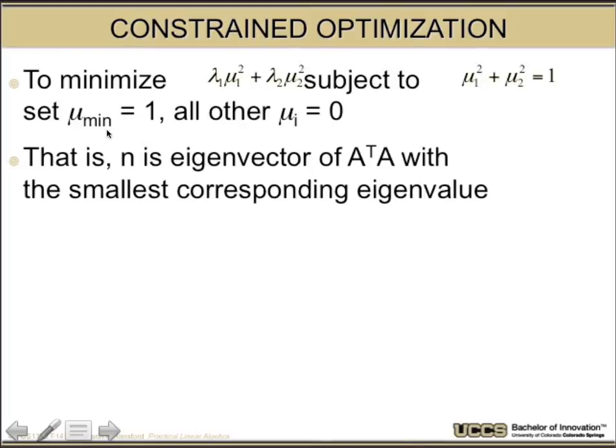You can do that in lots of ways, but the easiest way is to set one of them equal to 1 and all the others equal to 0. That is to say that n, the normal to this solution of least squares when we have these degenerate problems, is the eigenvector of A transpose A with the smallest corresponding eigenvalue.